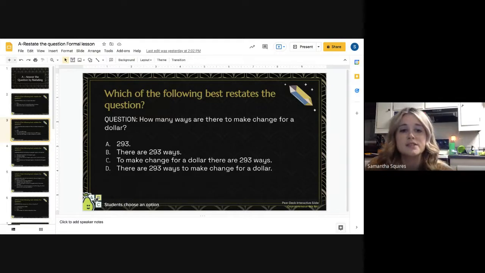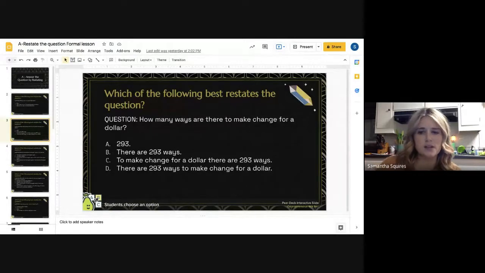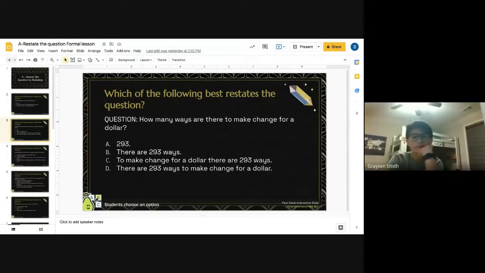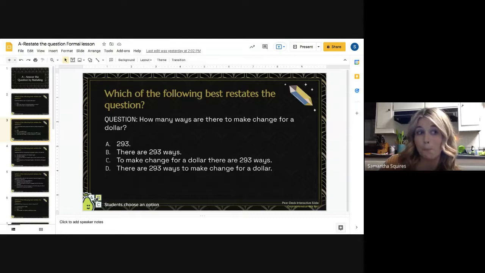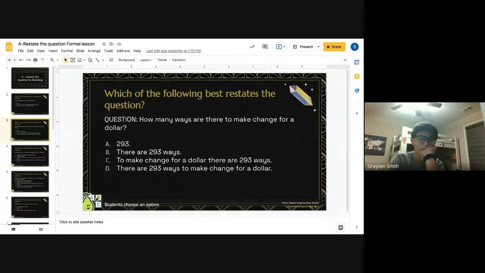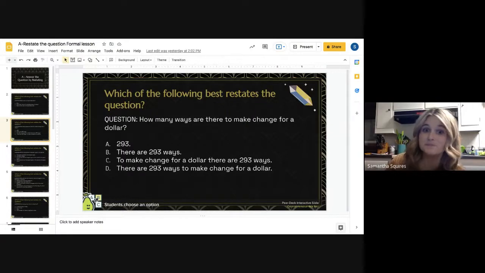So C is to make change for $1, there are 293 ways. Does that tell us the right answer? Yeah. Does it restate the question? I think it does, right? It's saying, to make change for $1, there's 293 ways. So that would be a good choice. What about D?